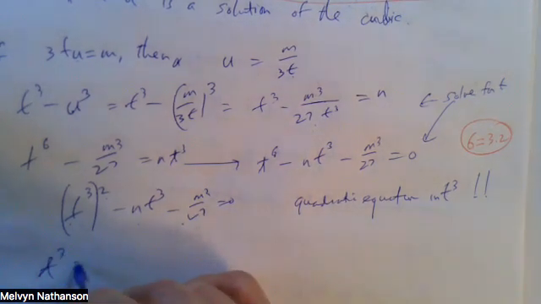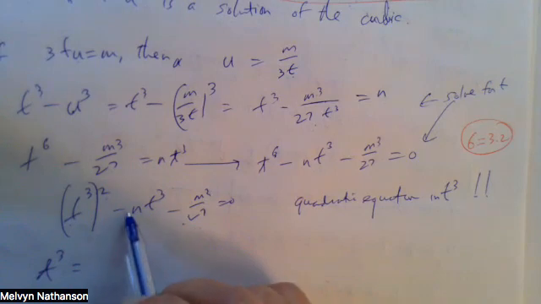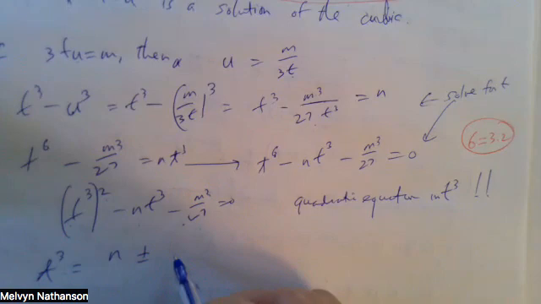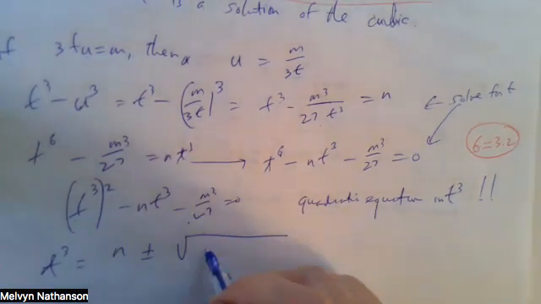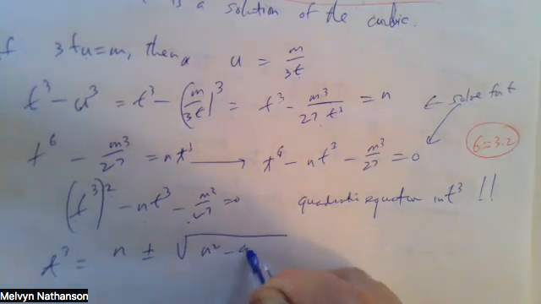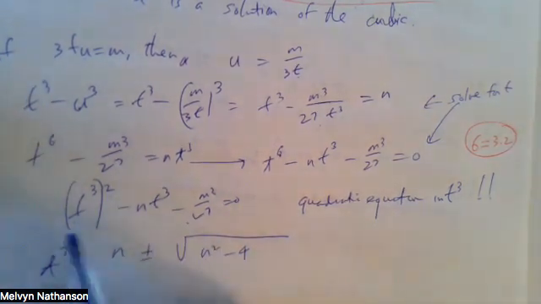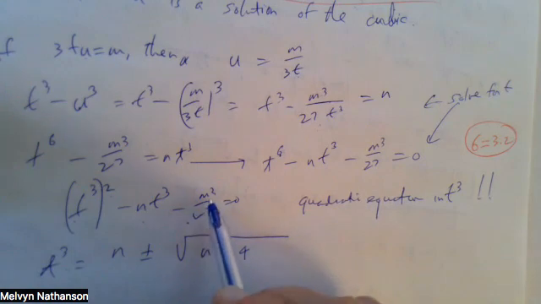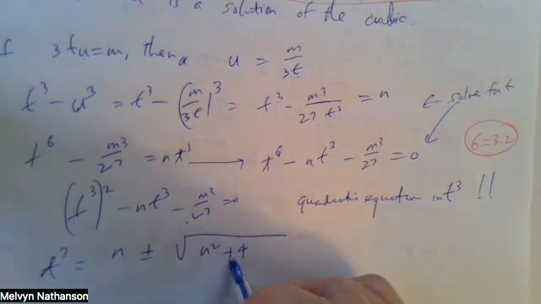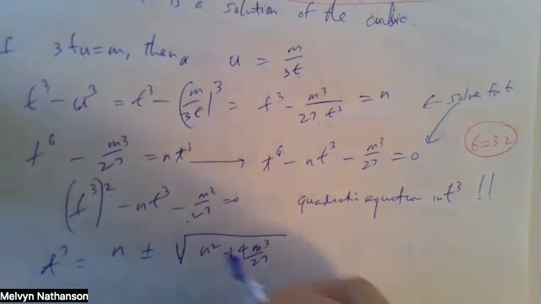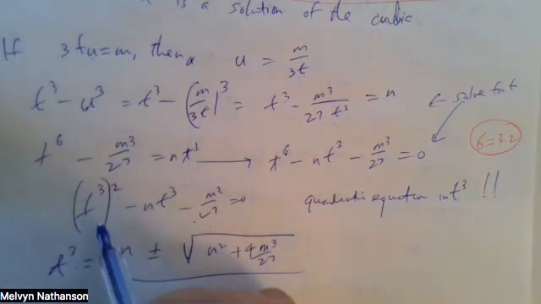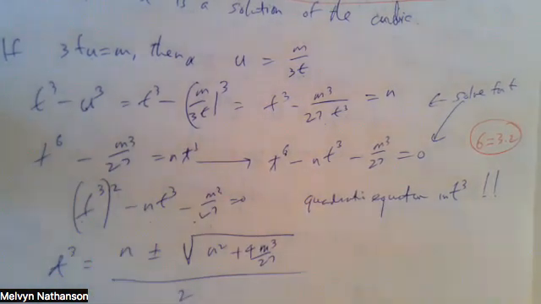So t cubed is minus b, which is minus n, so that becomes plus n, plus or minus the square root of b squared, which is n squared, minus 4ac, where a is 1 and c is minus m cubed over 27, so minus times minus is plus 4 m cubed over 27, divided by 2a, which is divided by 2.